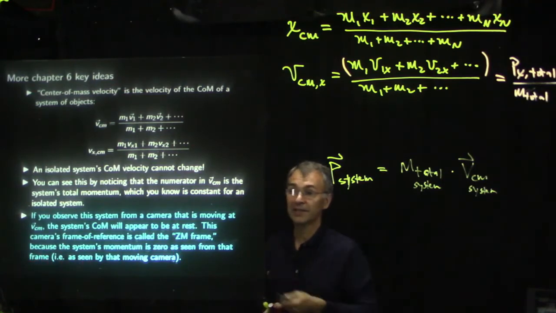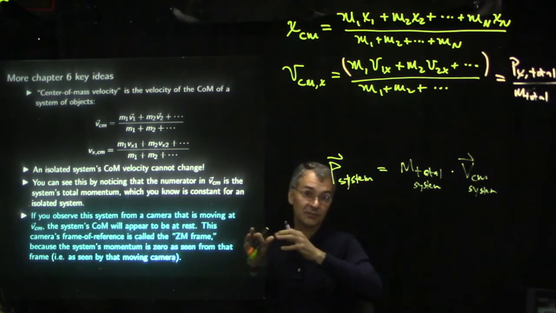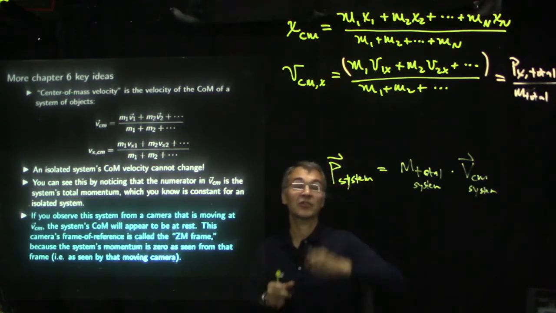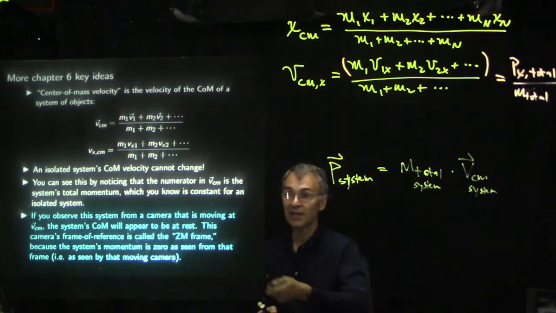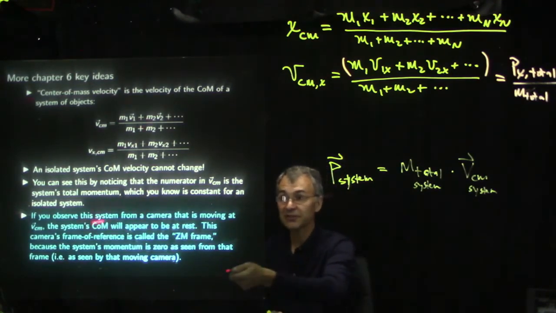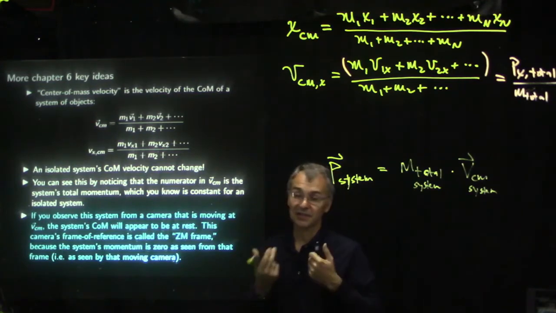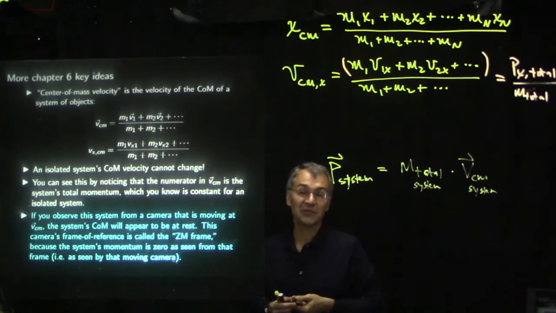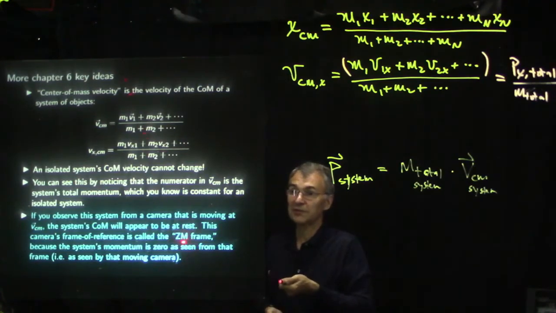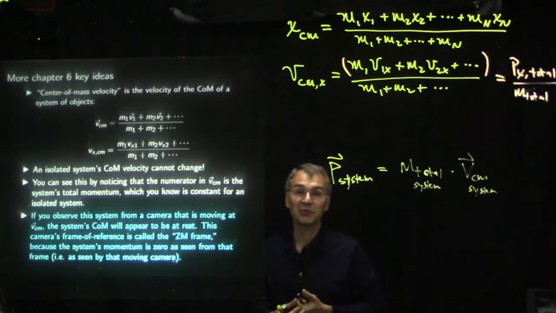In other words, as seen by a camera which is moving at the same velocity as the center of mass velocity of the system. Students, year after year, hate this. They find it baffling. If you find it baffling, don't worry about it. You're in good company. It's convenient that ZM and CM sound the same. So if you see the textbook say ZM frame, you can think that it says CM frame and you're just fine.